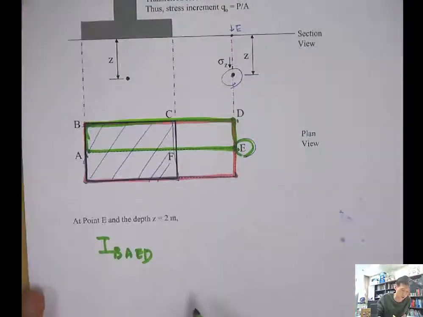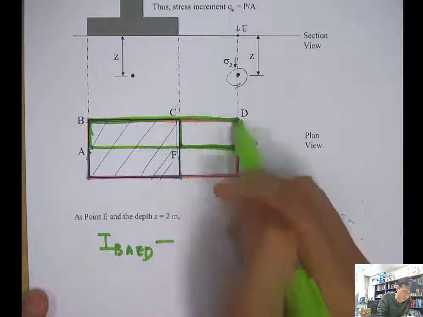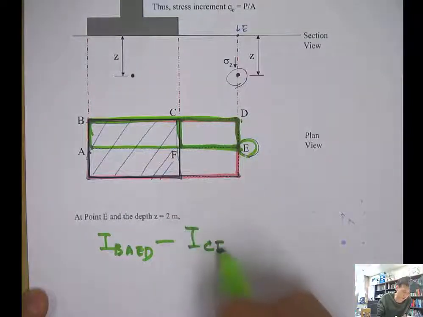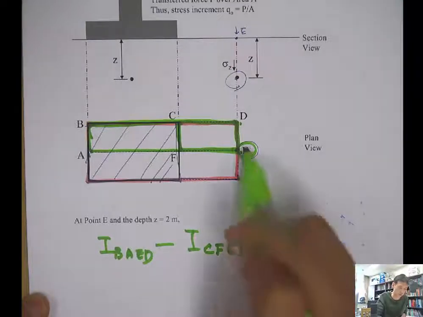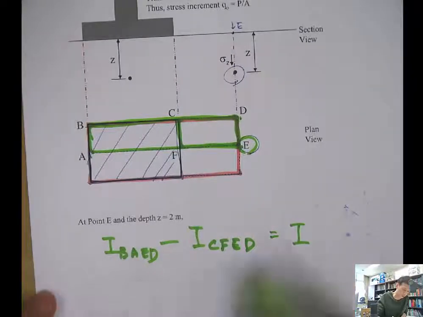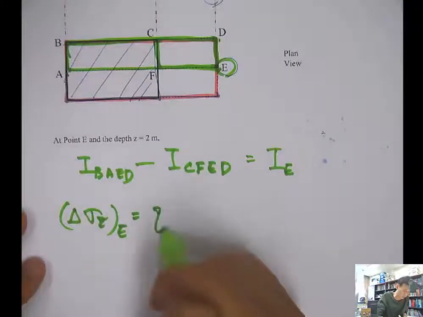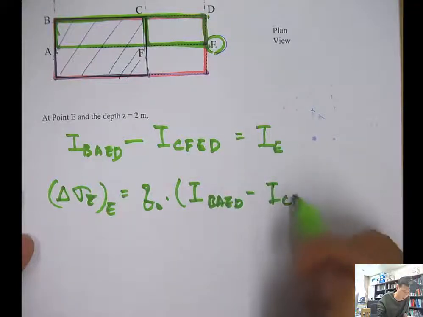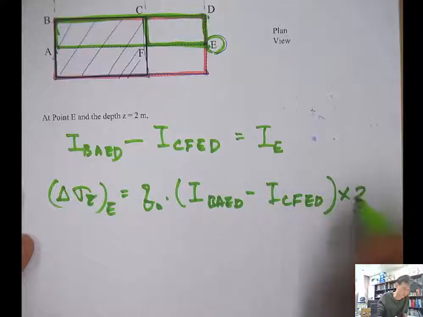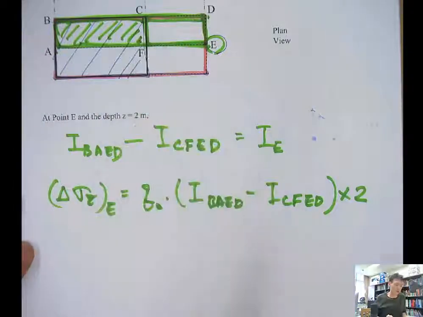That's passing the point E, and then if we subtract this rectangle, that's C F E D, then this becomes the influence factor for the E. So then delta sigma z at E will be q naught times I B A E D minus I C F E D, times 2, because we are looking at only this one.